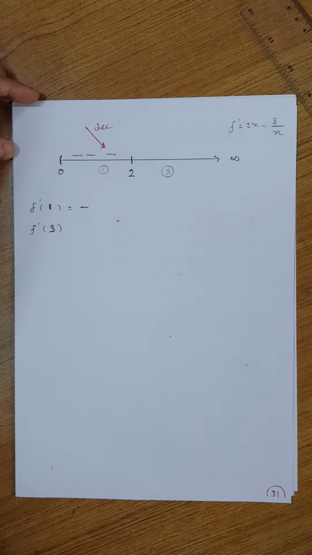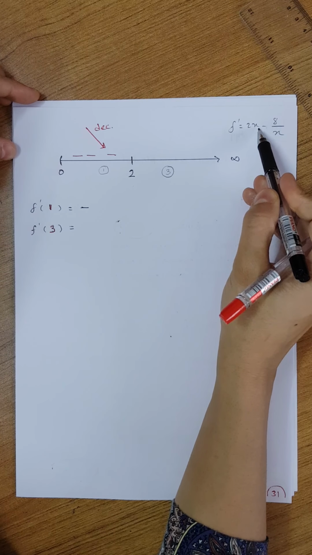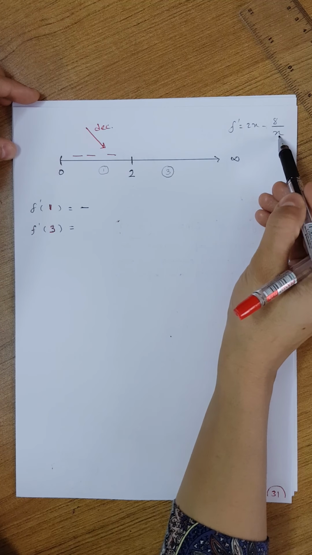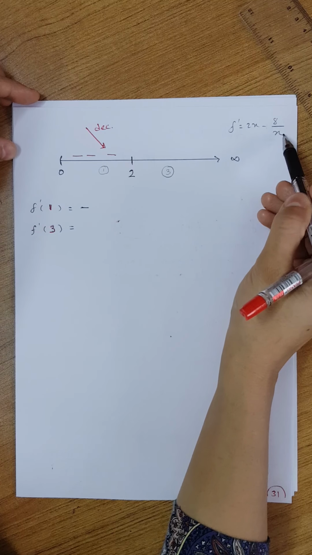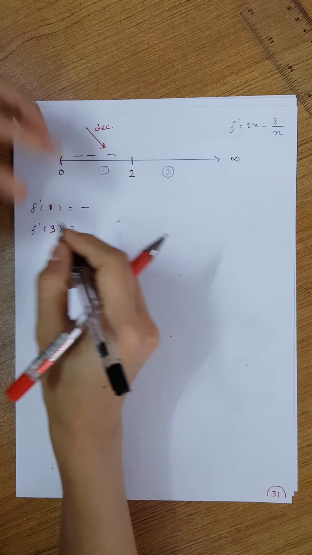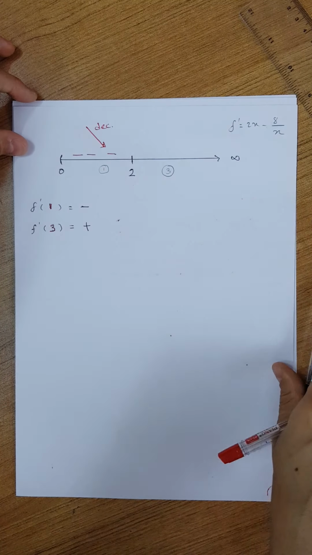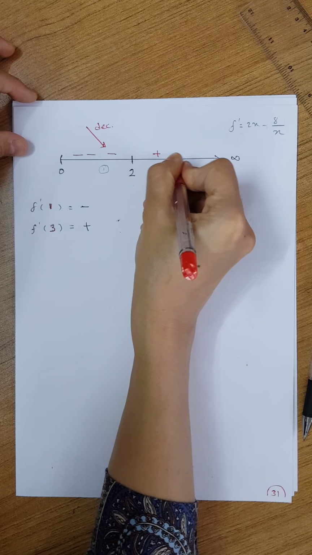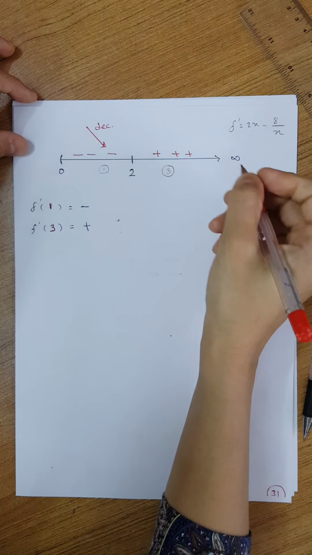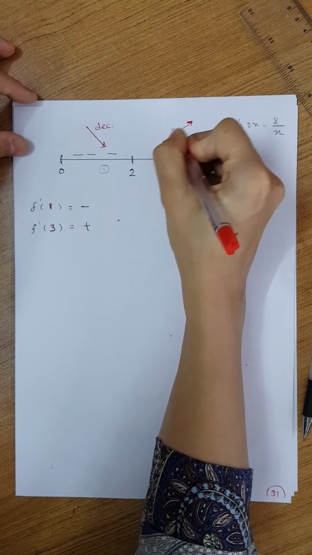Now we are putting 3 into the function. 2 multiplied by 3 is equal to 6, minus 8 over 3 is something smaller than 6, so I get positive numbers. I didn't calculate the value here, I just know that it is positive, so the function here is increasing.